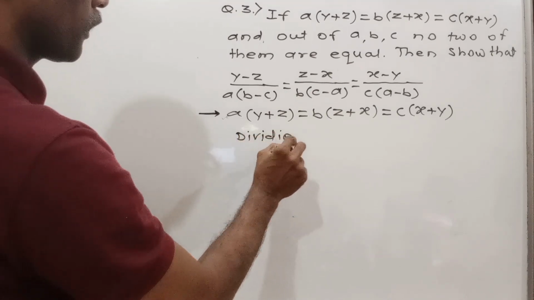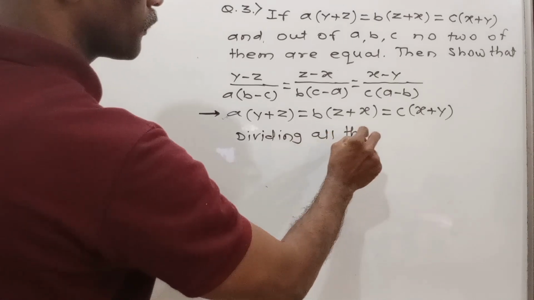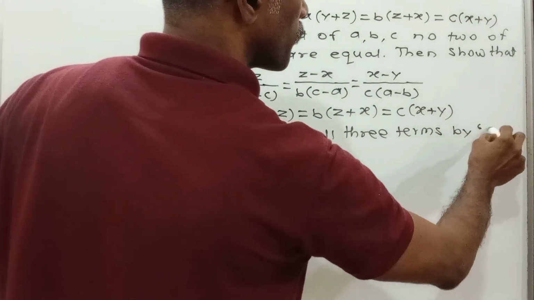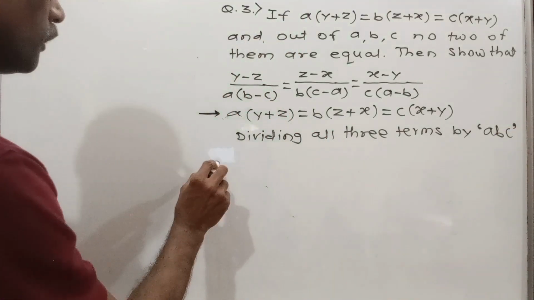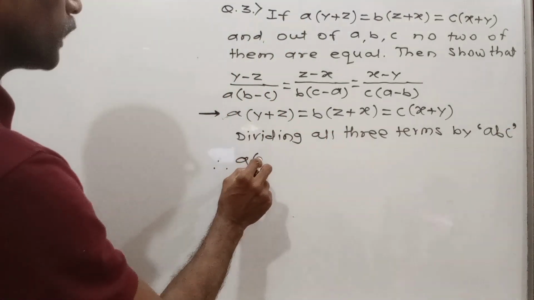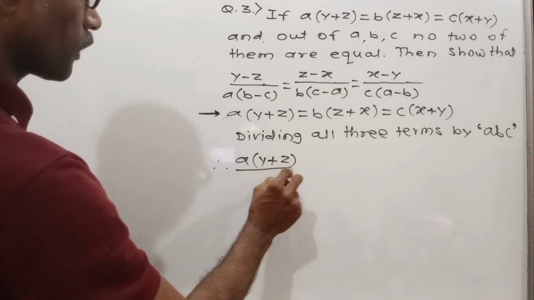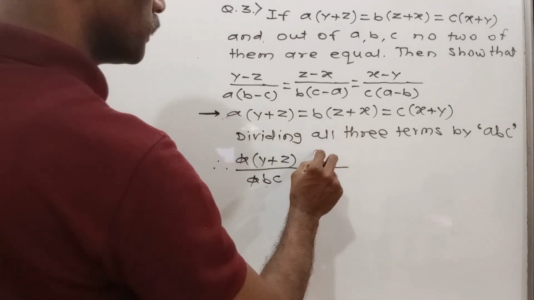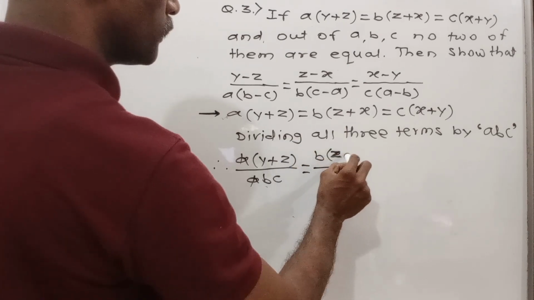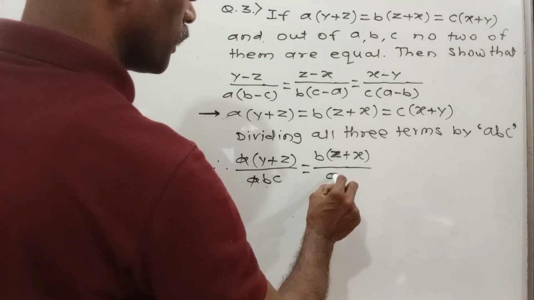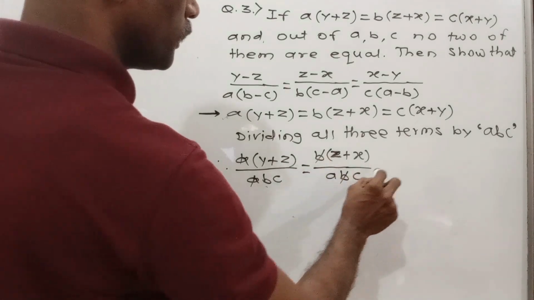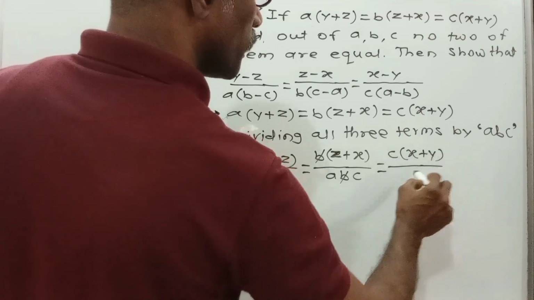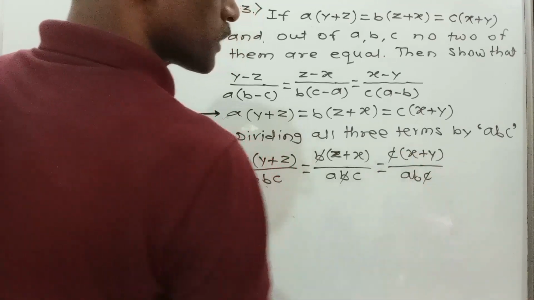a(y + z)/abc, a cancels, equals b(z + x)/abc, b cancels, equals c(x + y)/abc, c cancels.